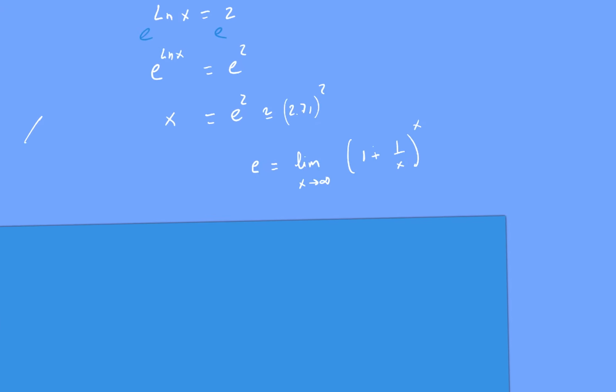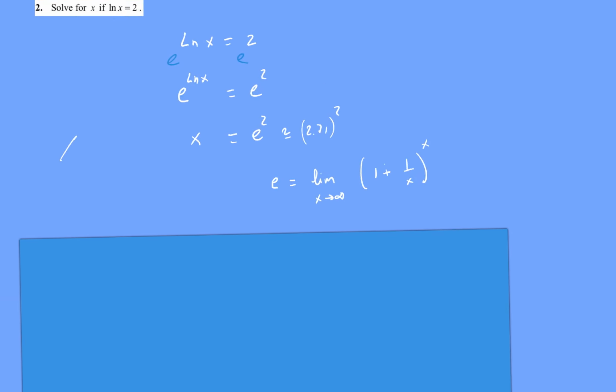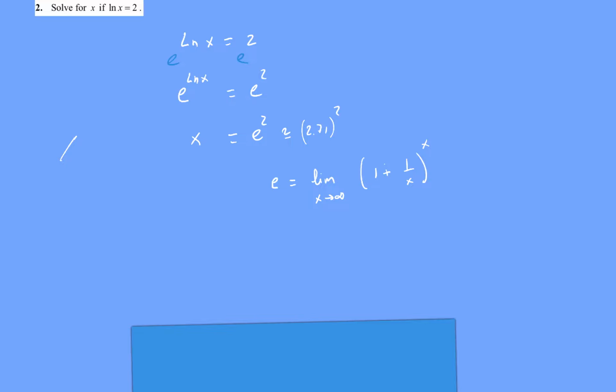If you do 1 plus 1 divided by 1 million, 10 to the 6, raised to 10 to the 6, this will not go to infinity or 1. This will go next to 2.71, whatever.